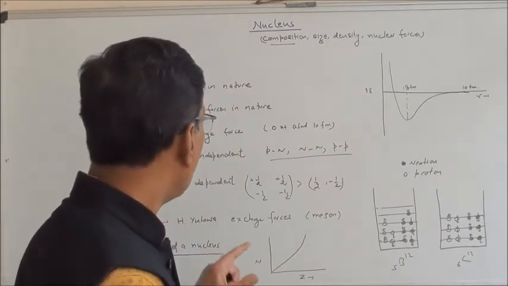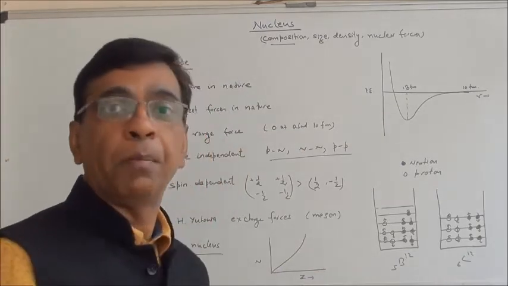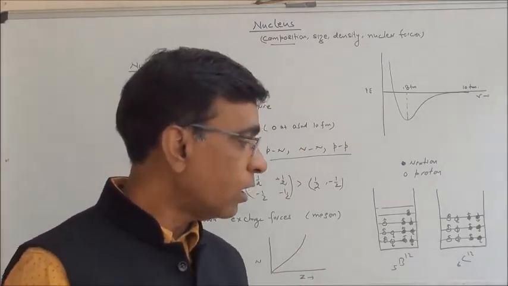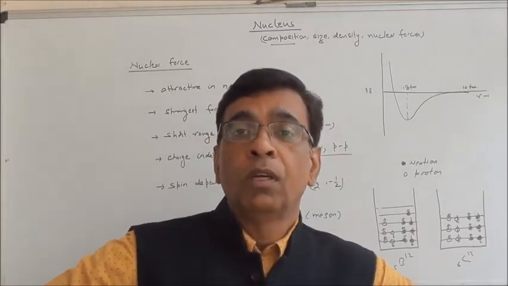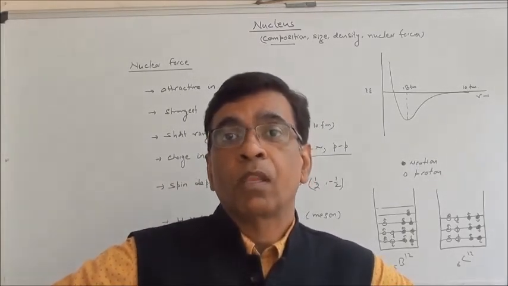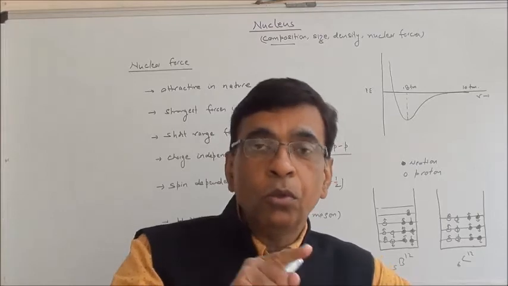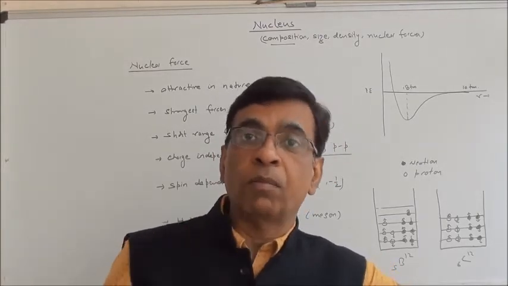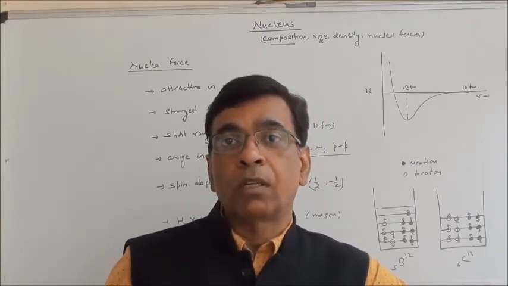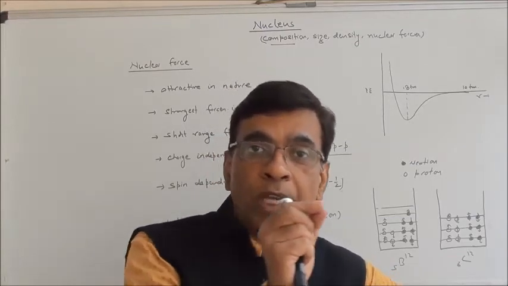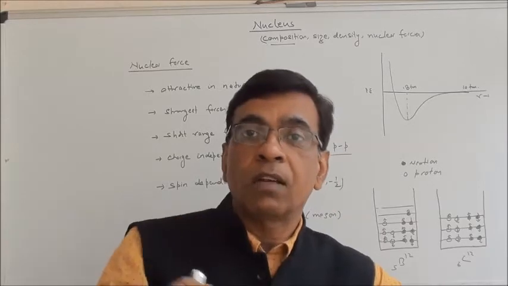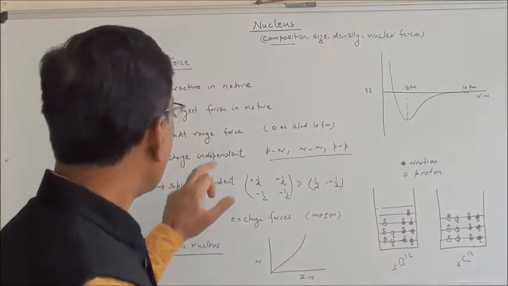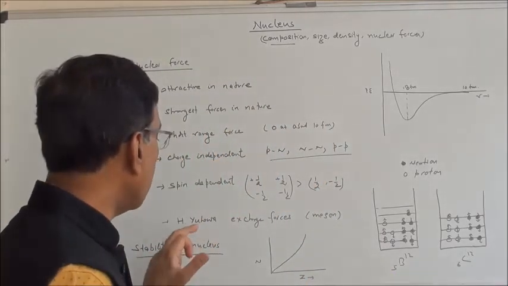It has nothing to do with charge, but it is spin dependent. We know that these particles, proton and neutron, also have a spin. So if there are two nucleons with plus half and plus half, or minus half and minus half, this force is stronger than when the spin is plus half and minus half. So charge independent but spin dependent.